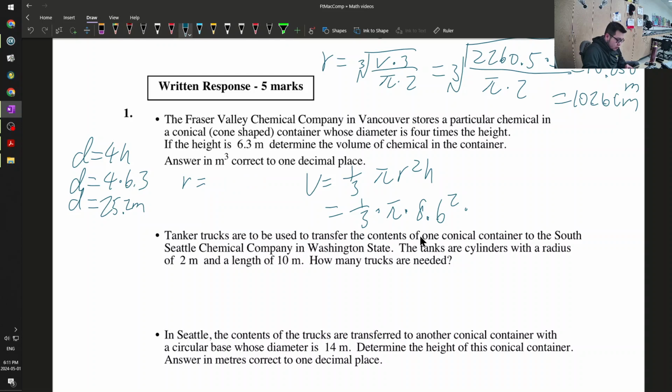And then what is my radius? Divided by 2, 12.6. So instead of 8.2 it is 12.6 meters.